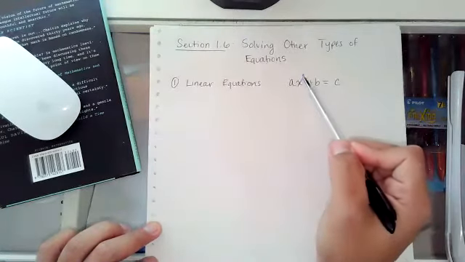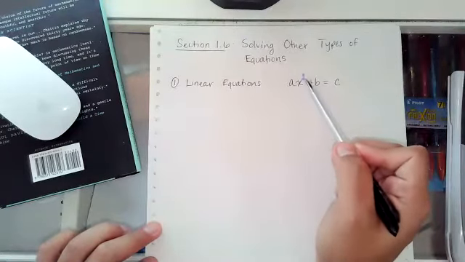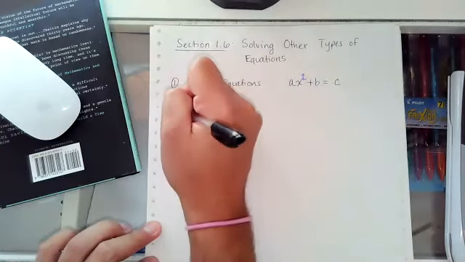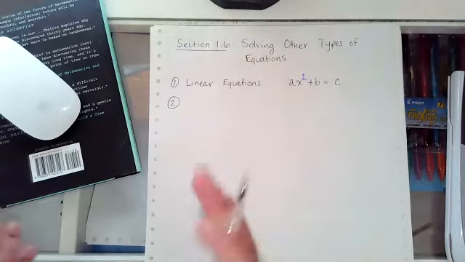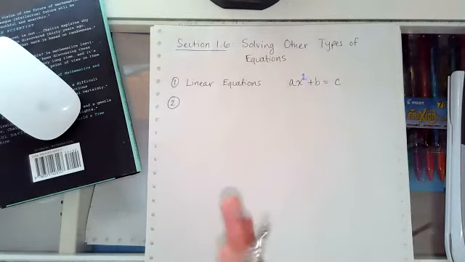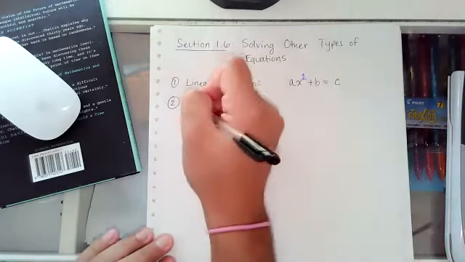So there can be at most one solution for a linear equation, right? And we use the principle of addition and the principle of multiplication to rearrange and jumble up the equation so that we can isolate the x.